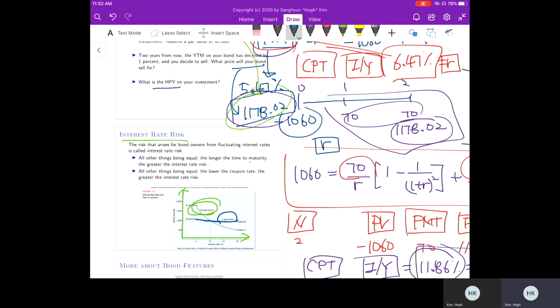So long-term bonds have greater interest rate risk. So that's why typically long-term bonds have higher yields than short-term bonds, other things being equal. Also, other things being equal, the lower the coupon rate, the greater the interest rate risk.